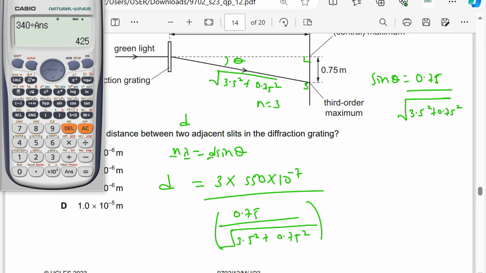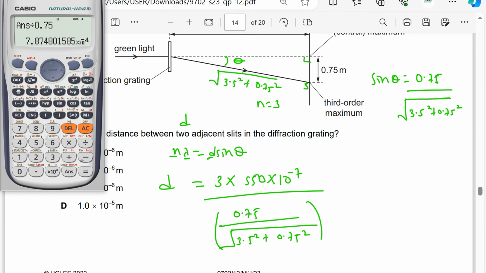So I'll press my calculator: 3 times 550 exponent minus 7, times the square root of 3.5 squared plus 0.75 squared, then divide by 0.75.